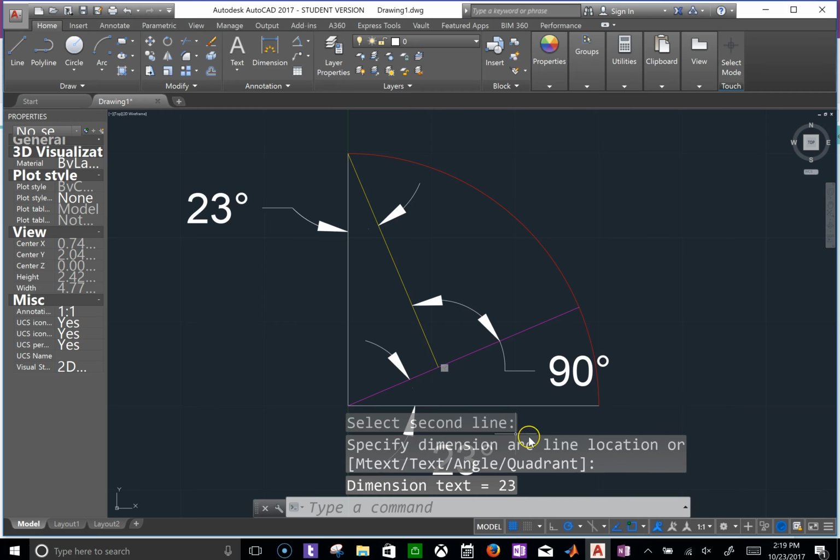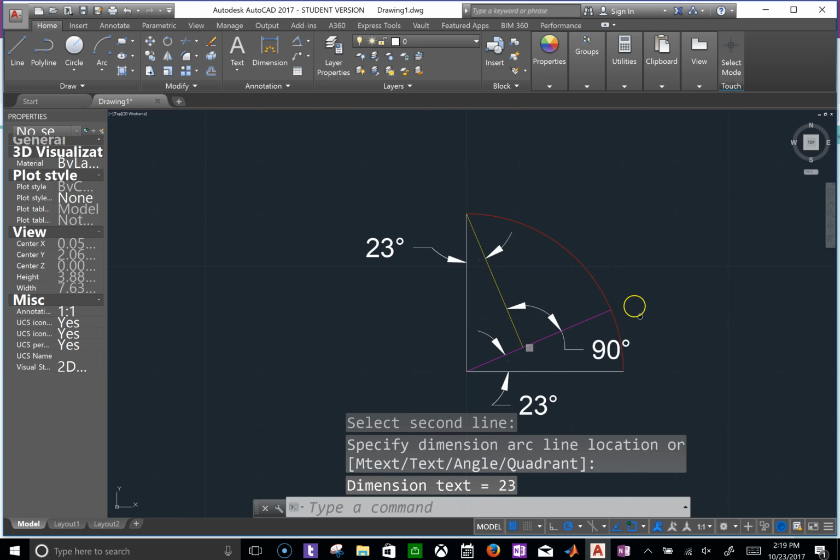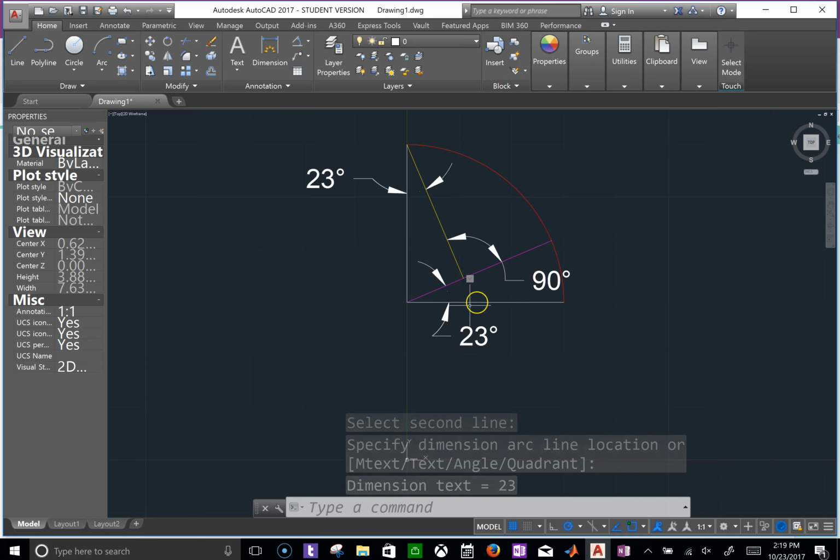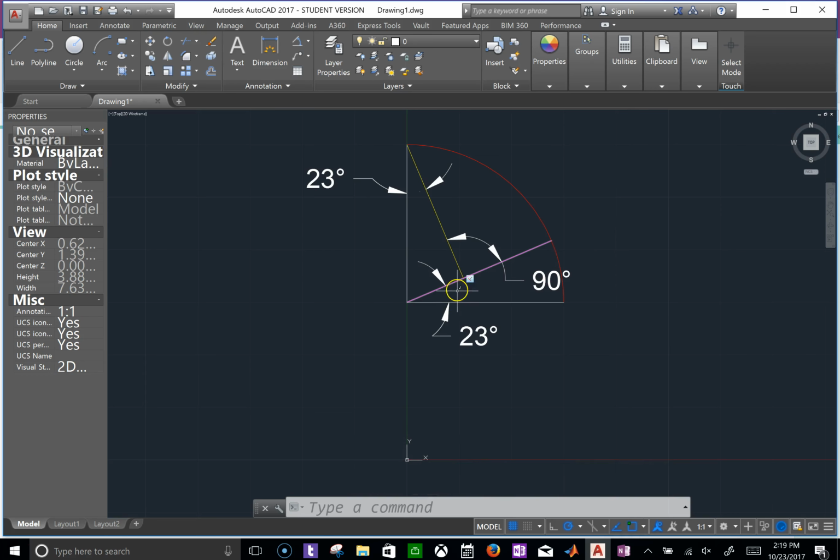Let me zoom out here and move it. So from this point to the purple is 23 degrees. Because it's a circle, this force actually acts towards the center of this circle, out 23 degrees up, and it hits this point here.